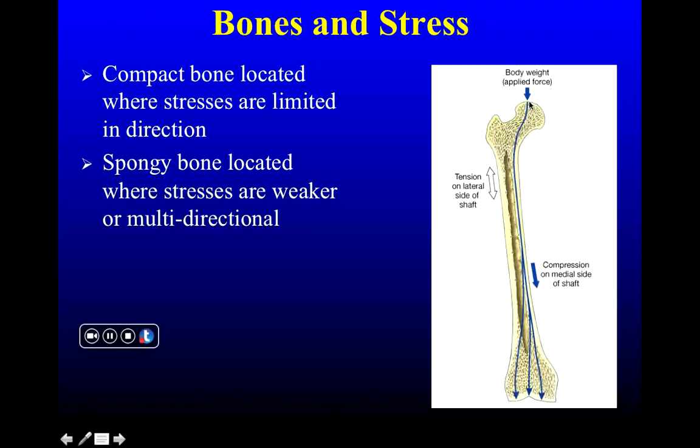Why this shape? Well, you remember that the femur's location is just below the entire trunk and arms and head of the person. So all of the weight of those areas, the trunk, the arms, and the head, are all being applied, that force is being applied to this bone.